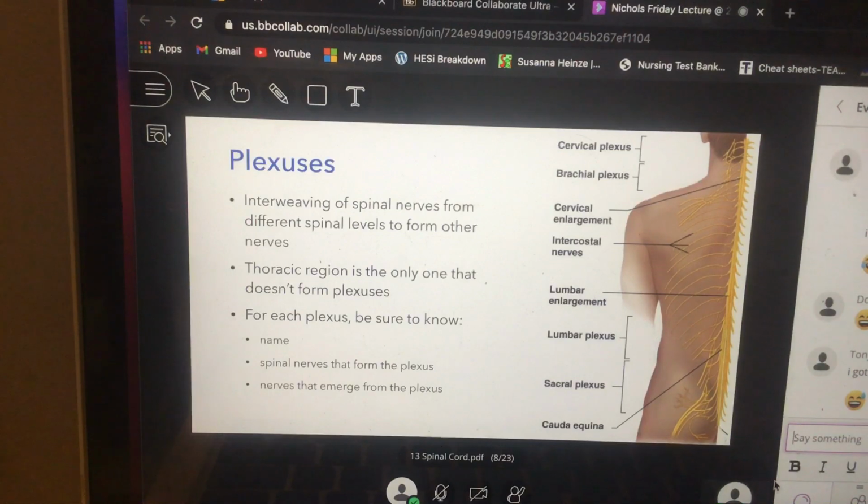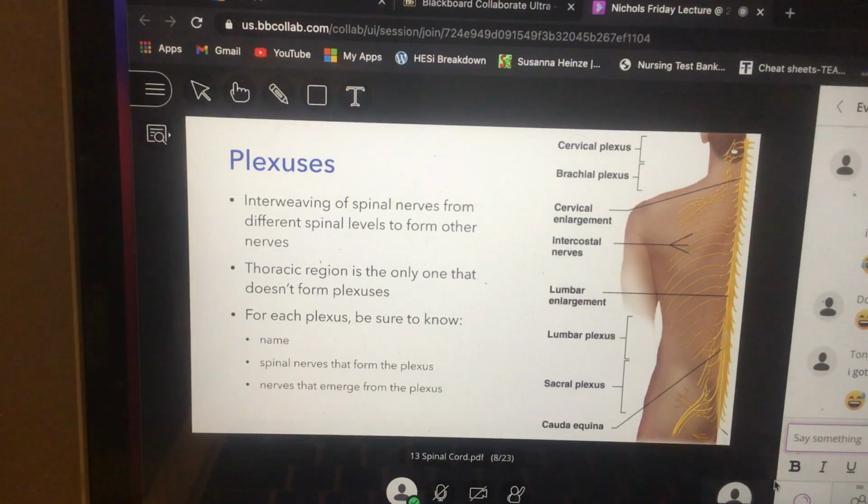Plexuses. So those nerves I was talking about on the previous slide, these spinal nerves that come out of the spinal cord, they don't usually go straight to their targets, though some do. These thoracic nerves go straight to their muscle targets. Those are called the intercostal nerves, and they come out of the thoracic region.